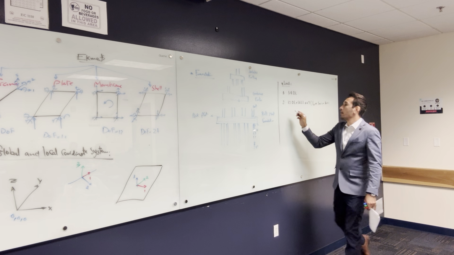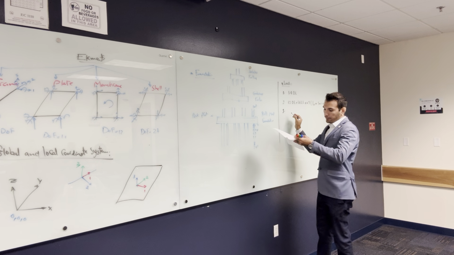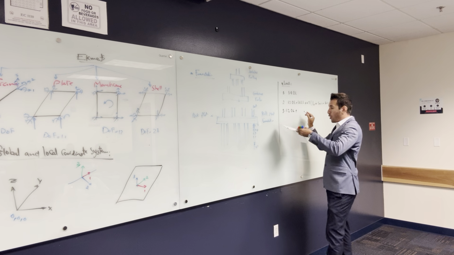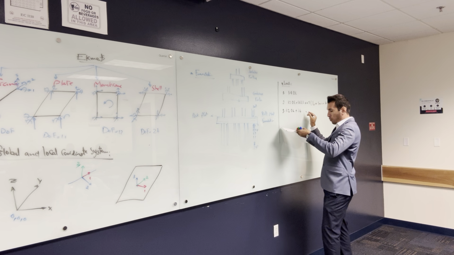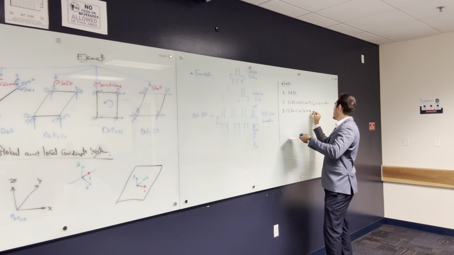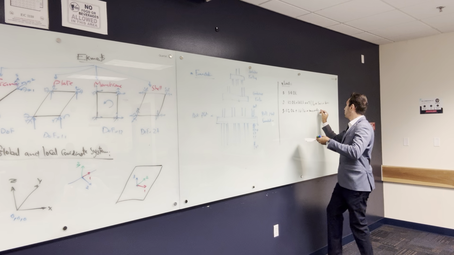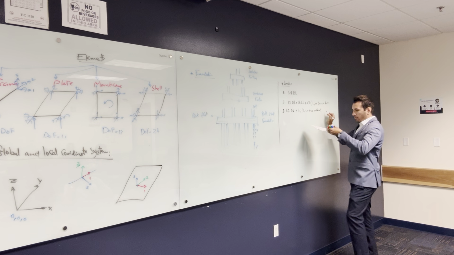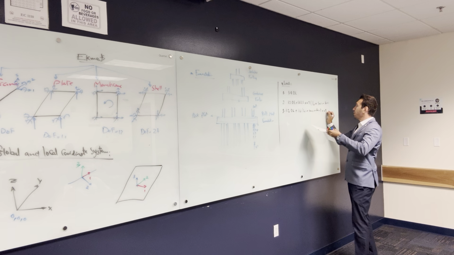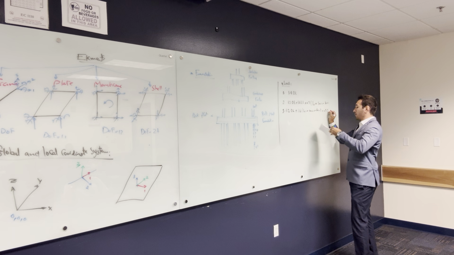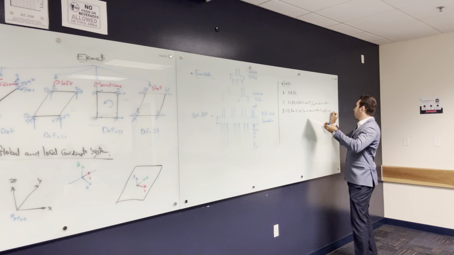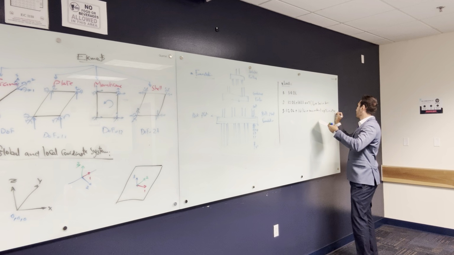Number 3 is 1.2 dead load plus 1.6 live load plus 0.5 live load or 0.5 wind load.